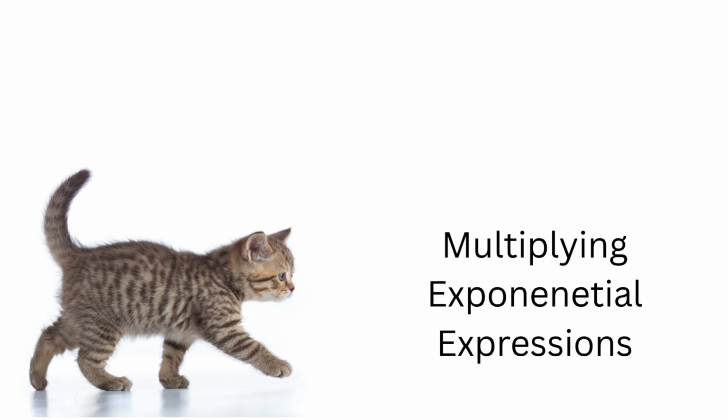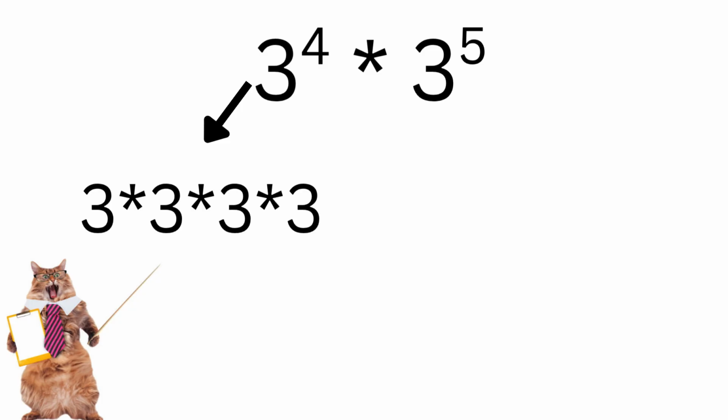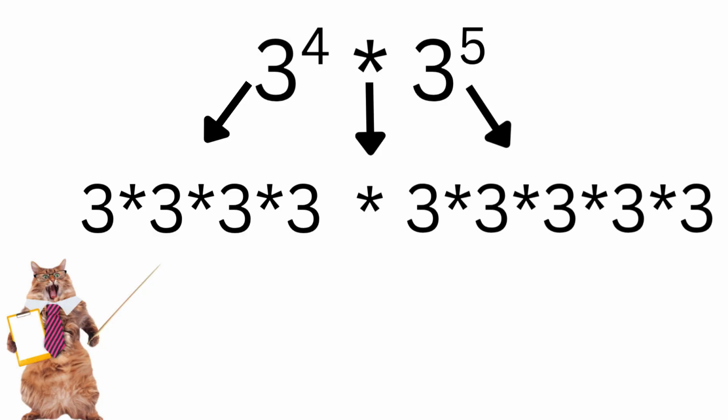Okay, so let's move on to multiplying exponential expressions. Let's say I had 3 to the power of 4 times 3 to the power of 5. Let's break them down into the amount of 3's we multiply them by. So 3 to the power of 4 becomes 3 times 3 times 3 times 3. And then we multiply that by 3 to the power of 5, which would become 3 times 3 times 3 times 3 times 3.